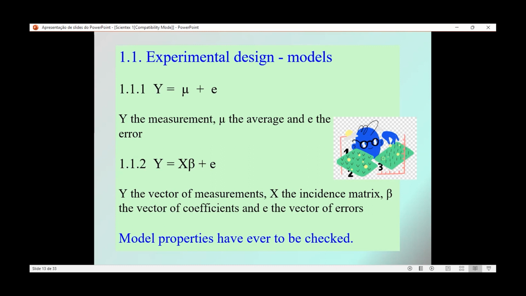In the second case, we have more complex designs: Y equals X beta plus E, where Y is the vector of measurements, X the incidence matrix, beta the vector of coefficients, and E the vector of errors. But model properties always have to be checked. It's not enough to make the experiment, but we have to check it.